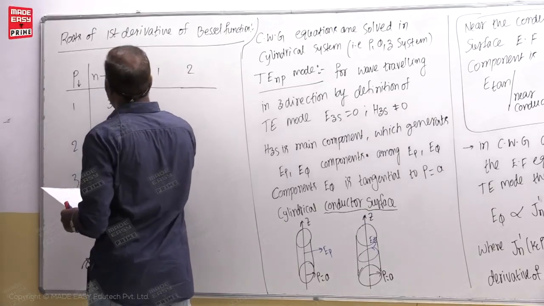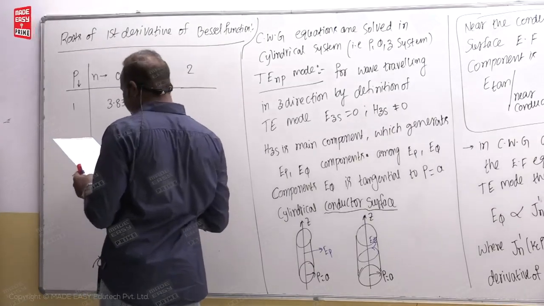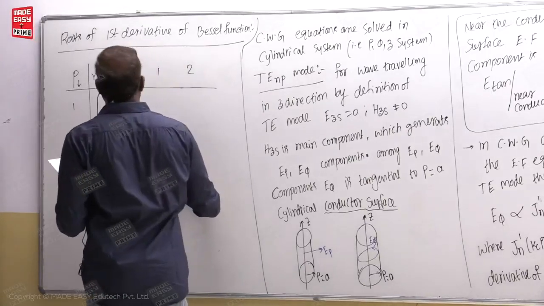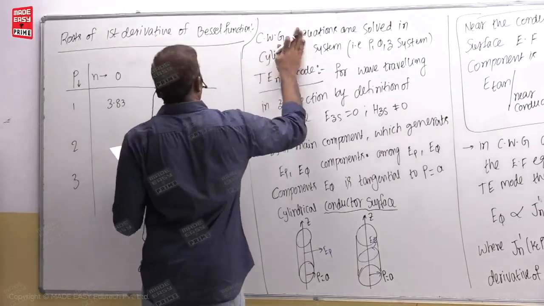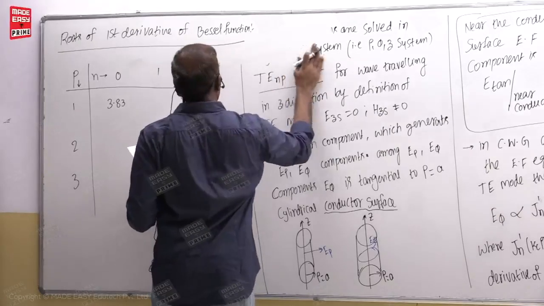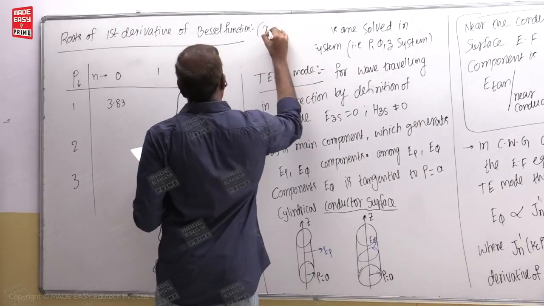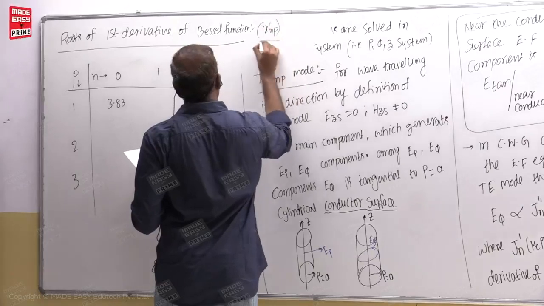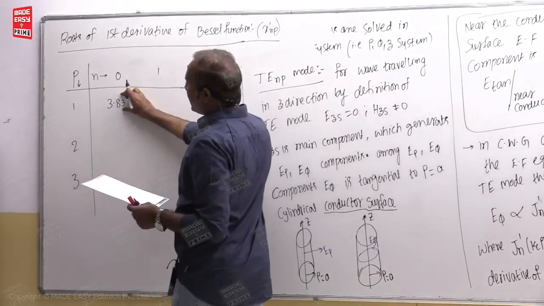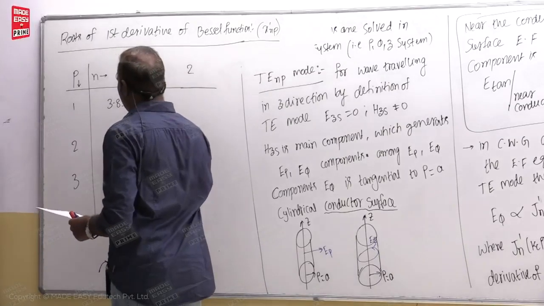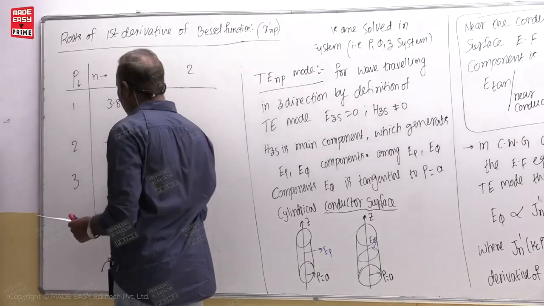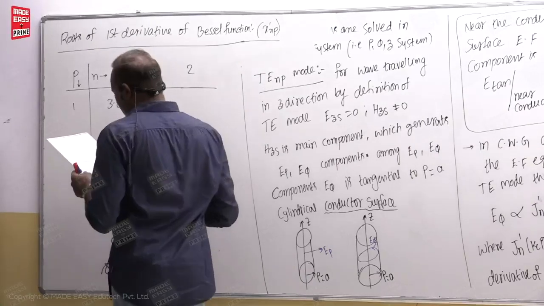Then this is 3.83. That means these are actually the values of x np dash. This value is x np dash. I will tell you an example. This is 7.01, this root, 10.17.